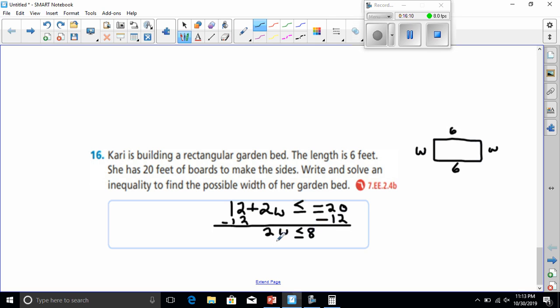And now I will divide by 2 to get W by itself. And 8 divided by 2 is 4. So since I didn't divide by a negative number, the answer is W is less than or equal to 4.